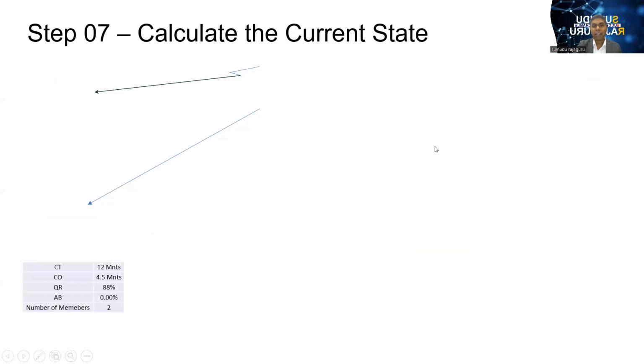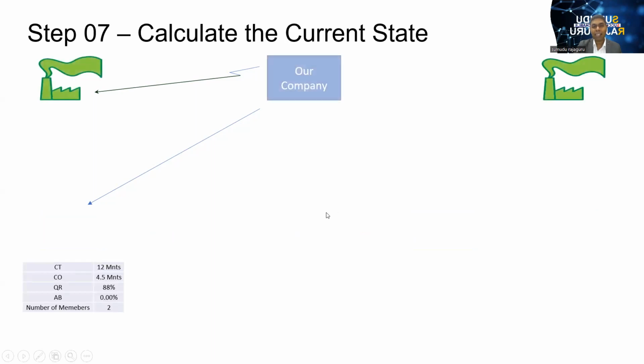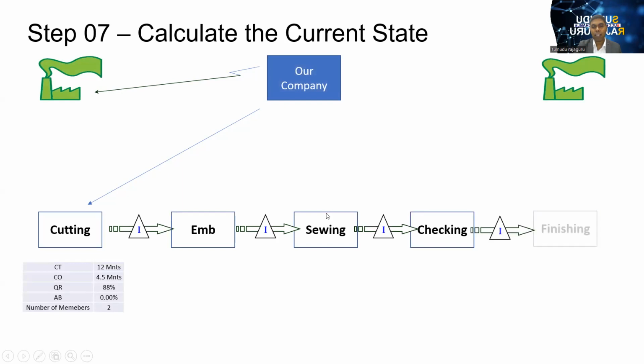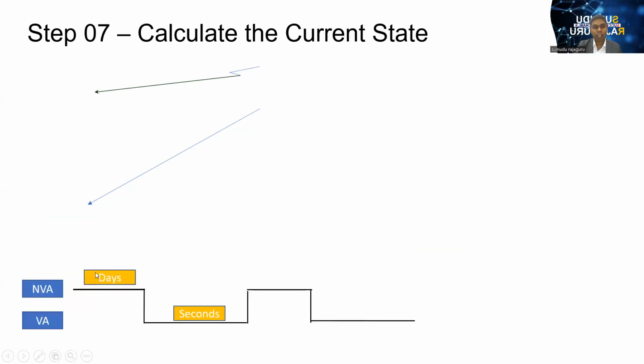After that, you have to calculate the current state. Current state means the timeline. You have to identify what the value adding time and the non-value adding time are, then you can calculate the current state. Value adding time means the process time, or cycle time, so value adding means each process's cycle time.